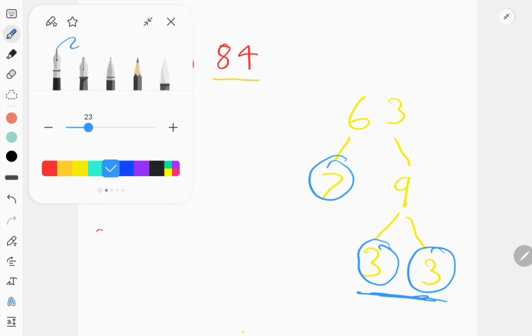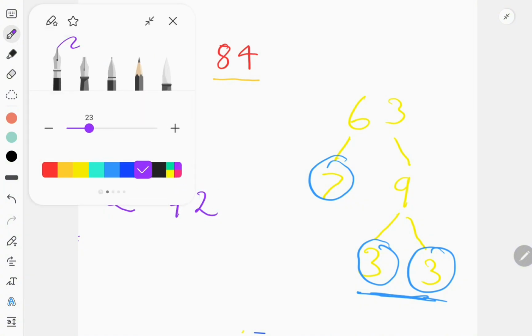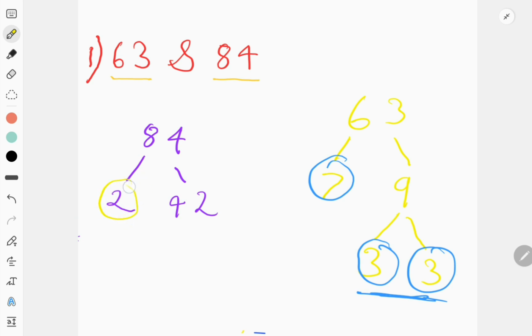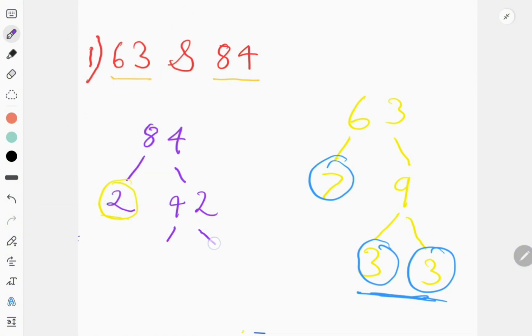Now we have the prime factorization of 84. Let's start with the factors of 2 and 42. 2 times 42 equals 84. So 2 and 42 are factors of 84. Now 2 is prime, so we are done there. 42 we can break down. 2 times 21 equals 42.